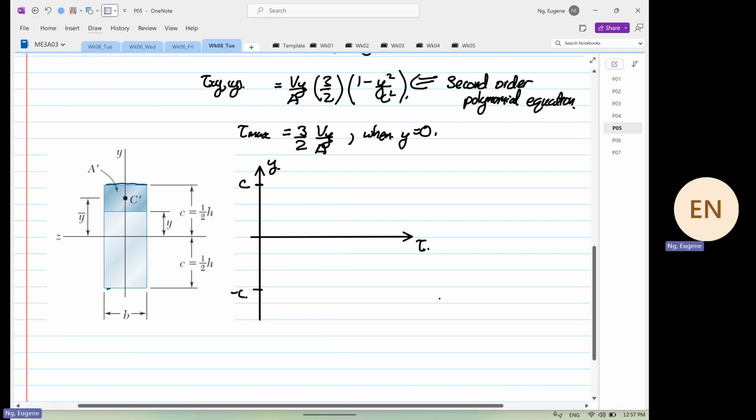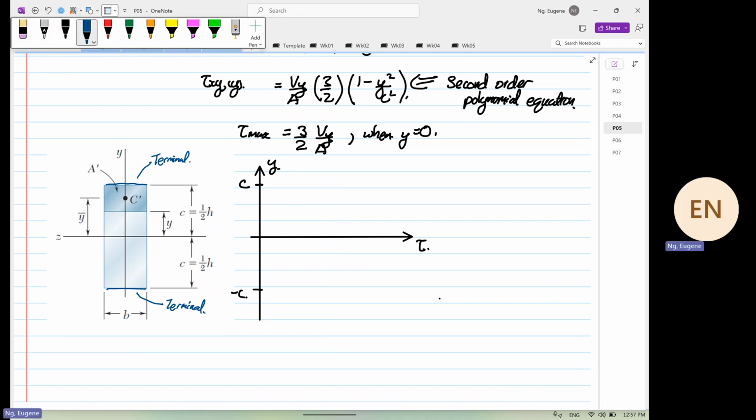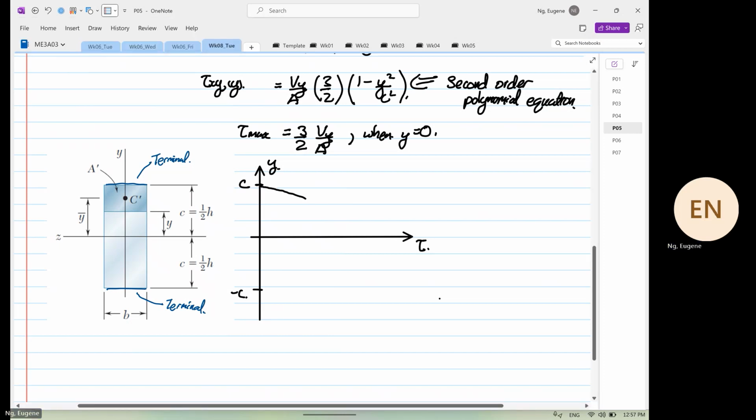This line over here, this line over here, these are known as our what? Our terminals. Okay. So what you get is a relationship looking like this.